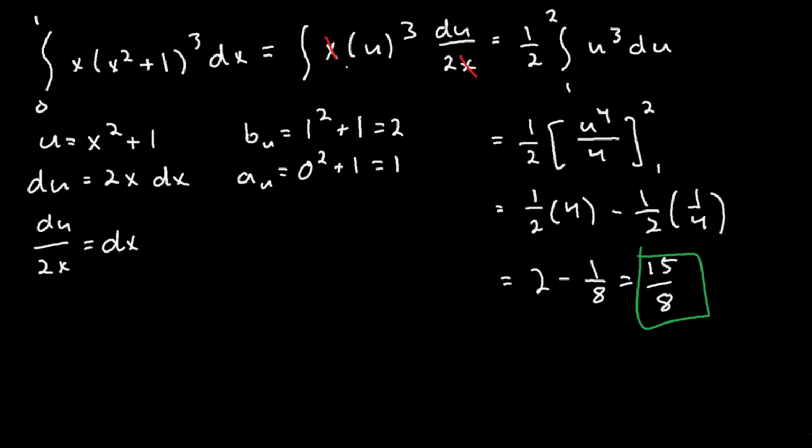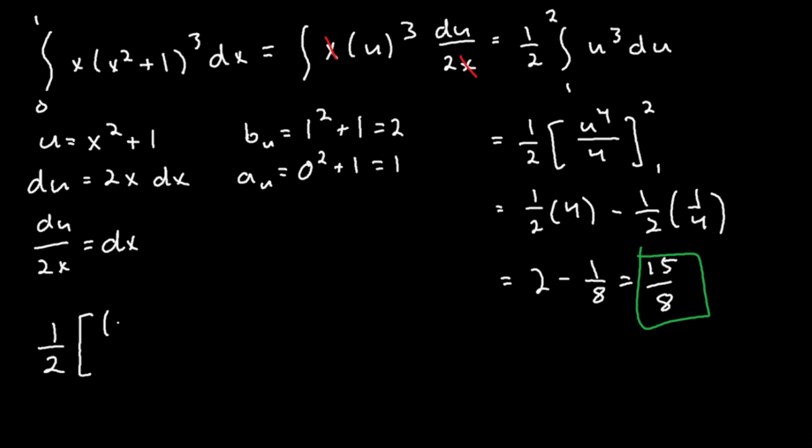Now, you can also solve this another way if you're lazy and you don't want to find the new bounds, right? You can replace your u value or your antiderivative with the original function. So if I wanted to simplify this, you have 1/2, and the antiderivative is 1/2 u to the power of 4 over 4.